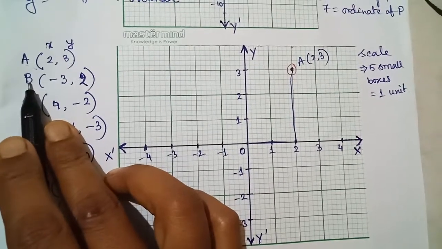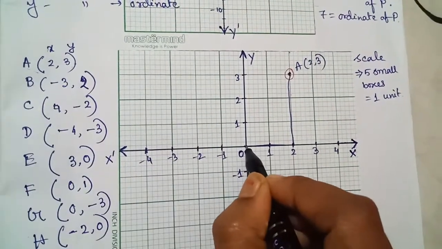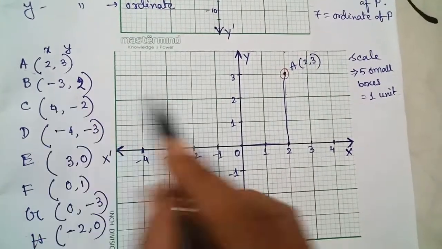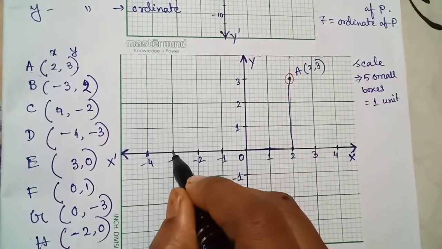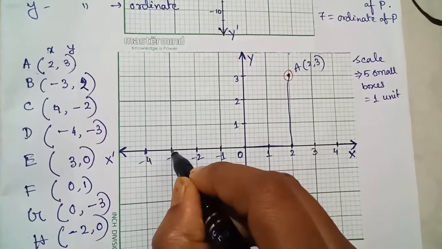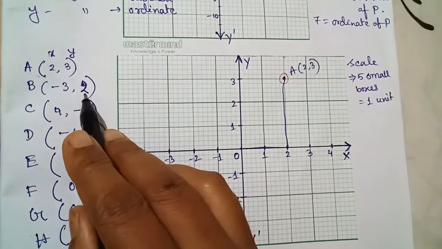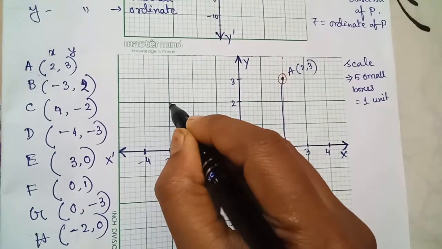Similarly for B, look, the first one is negative. That means starting from 0 we will go in the left hand side up to what? Up to minus 3. 1, minus 1, minus 2, minus 3. I am stopping here. Then upward direction 2 units, because you can see 2 units here, upward direction positive. So 1, 2.